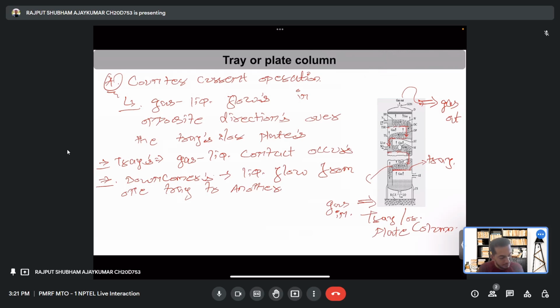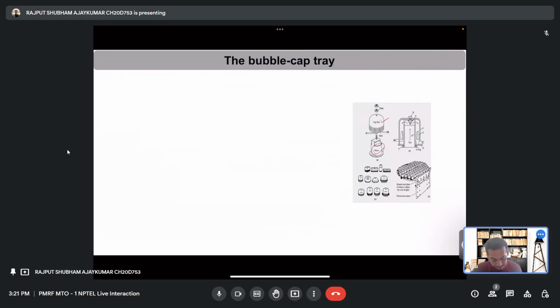Okay, and so now we will come to the trays actually. So the first one is the bubble cap tray.